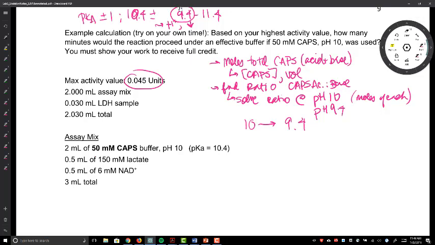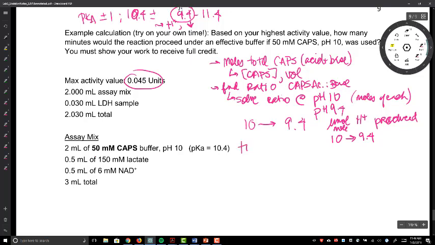So essentially that would tell us how many micromoles of protons must be produced to change from 10 to 9.4. So then we know how many micromoles of pyruvate, NADH, and H+ must be produced to move the pH from 10 to 9.4. So then we have to figure out the time.